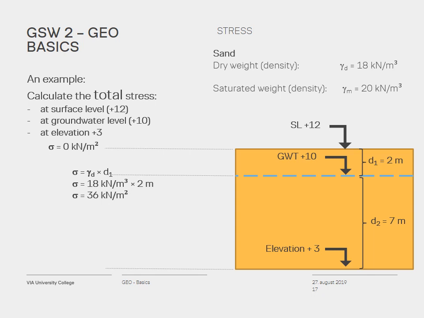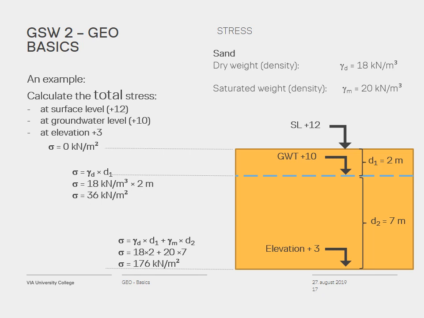At elevation plus 3, we calculate the stress by taking the density of the soil above the groundwater multiplied by the distance d1. And then we add the saturated weight, gamma m, with the distance d2.